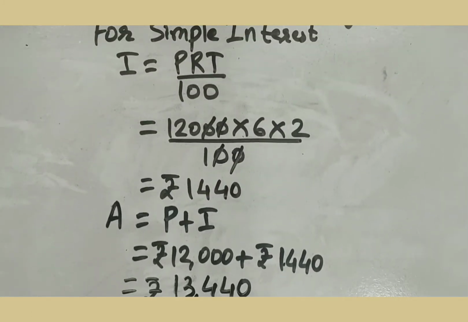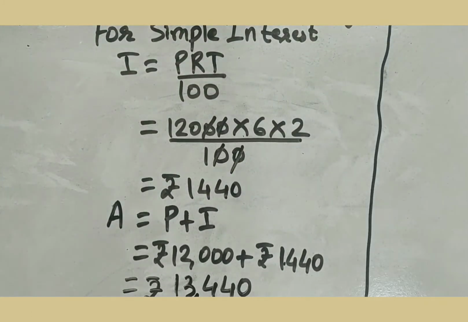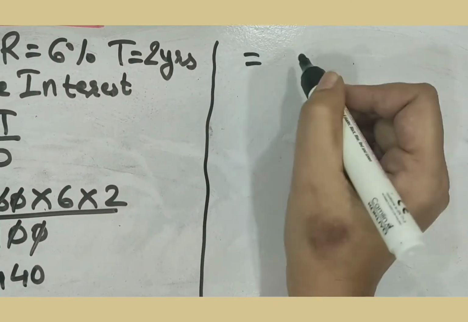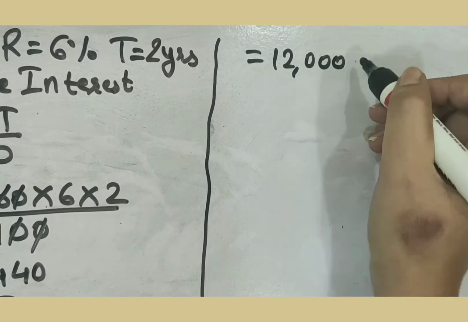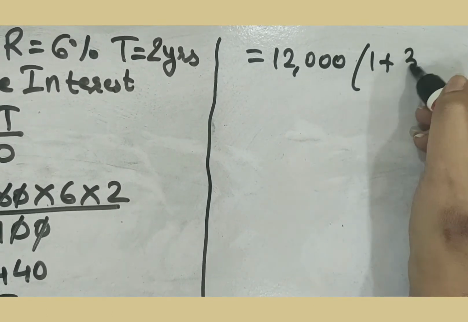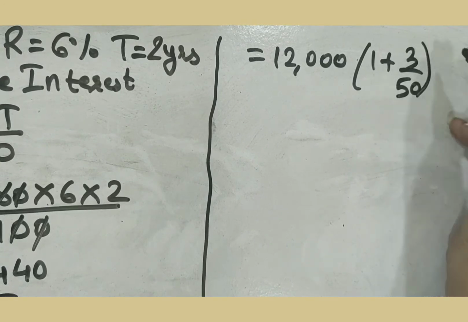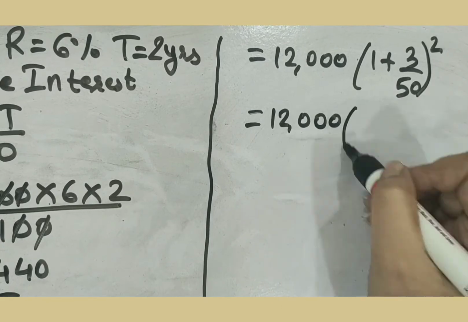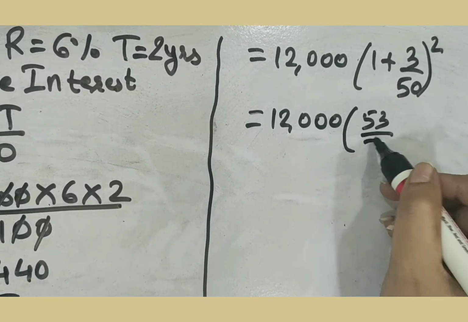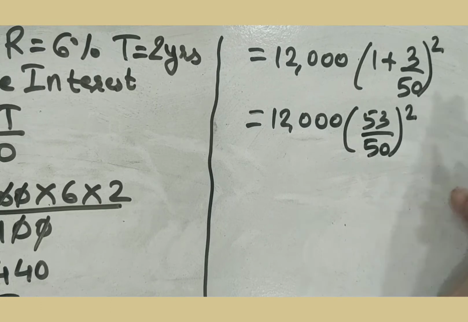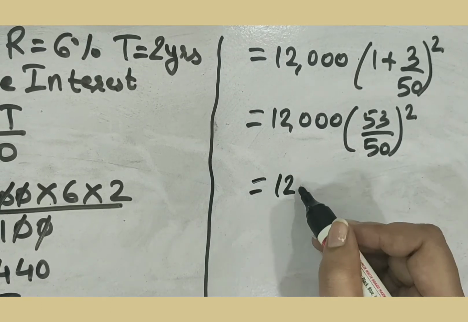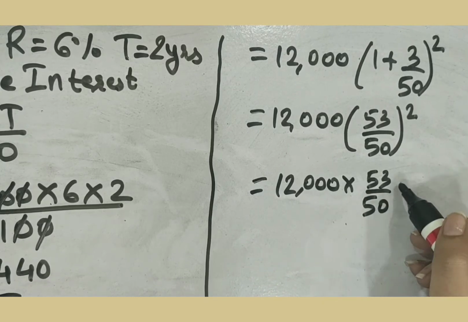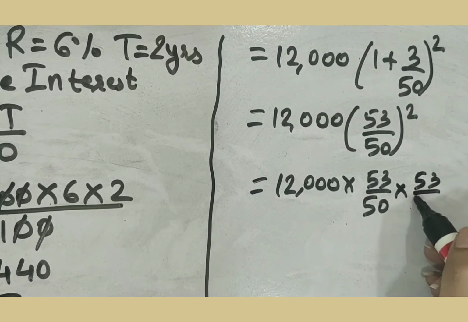So that will be equal to 12,000 into 1 plus 3 upon 50 whole square. Now if I take LCM, I will get 12,000 into 53 upon 50 whole square. So that will be equal to 12,000 into 53 upon 50 multiplied by 53 upon 50.